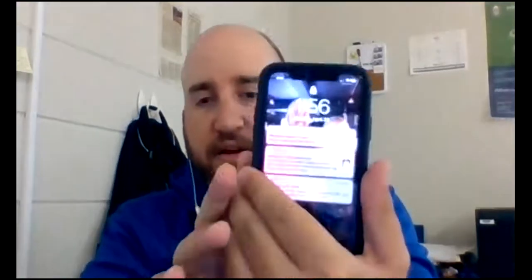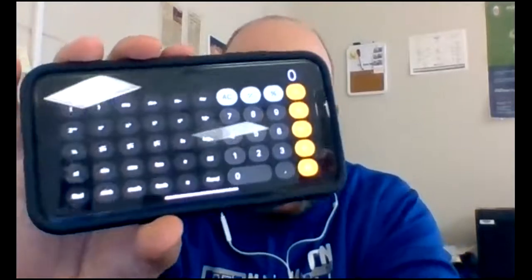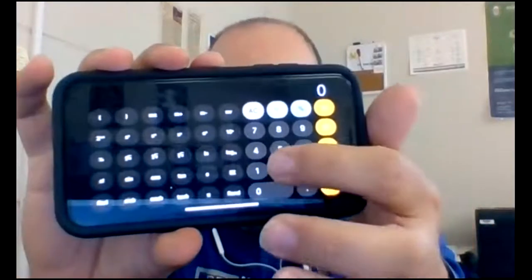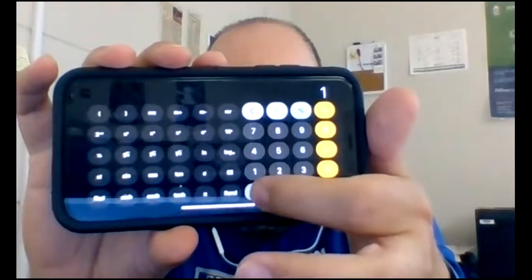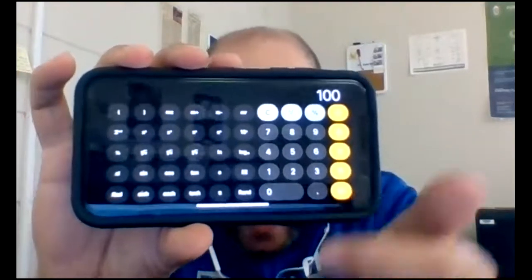If you're using your phone calculator, you have to do it a little different. When you're calculating a log here, I'm going to turn it sideways. You have to type in 100. I got it in.